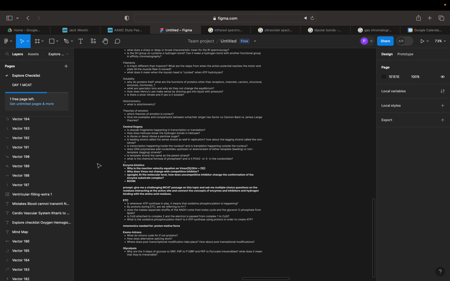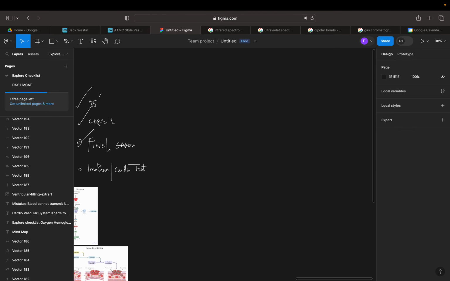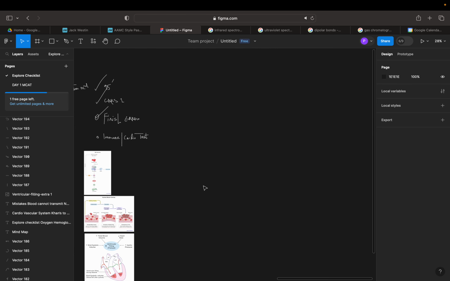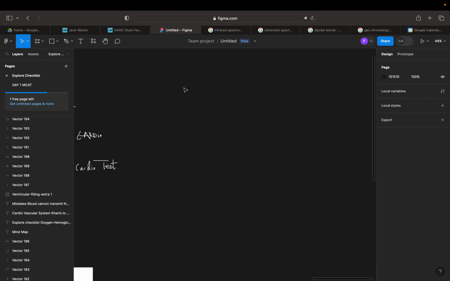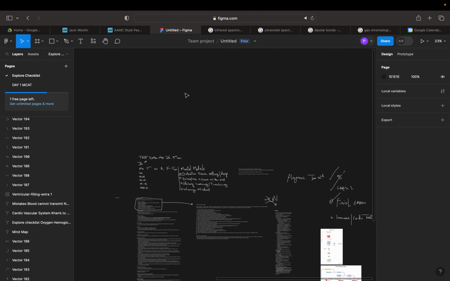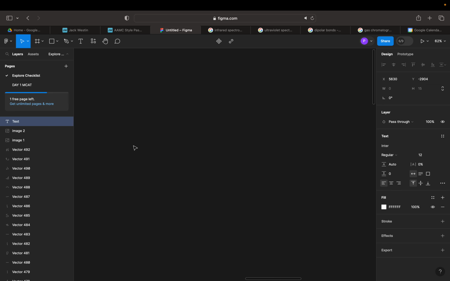But still there is much more depth to the MCAT, and the width is not low. So on the top we can write our milestones, right? Milestones.